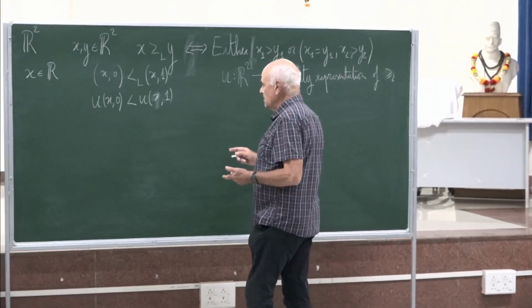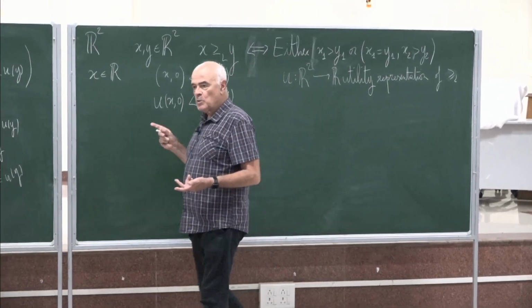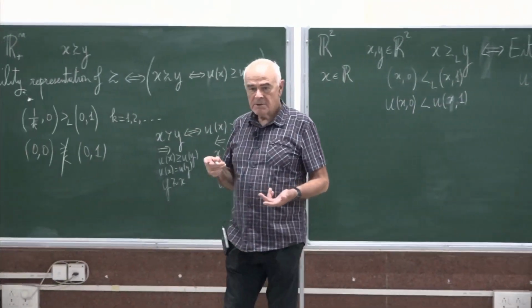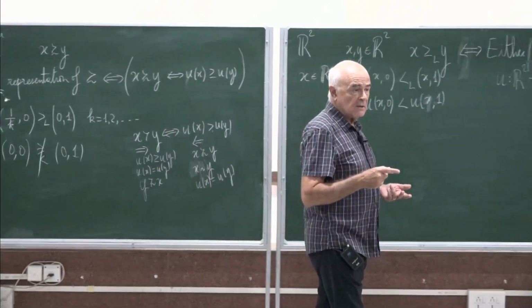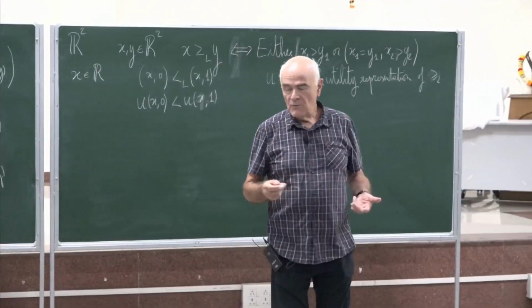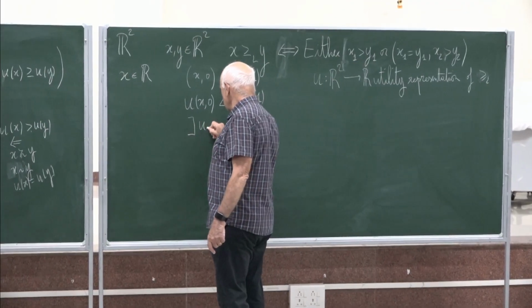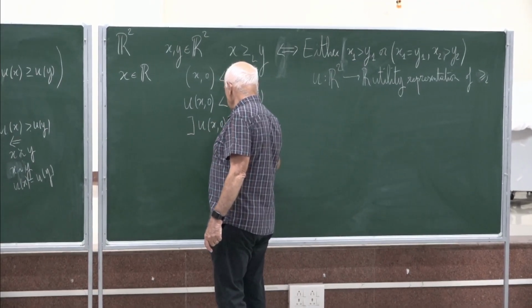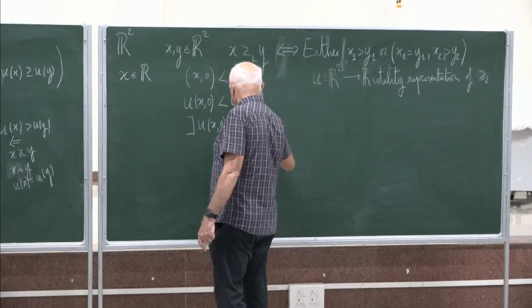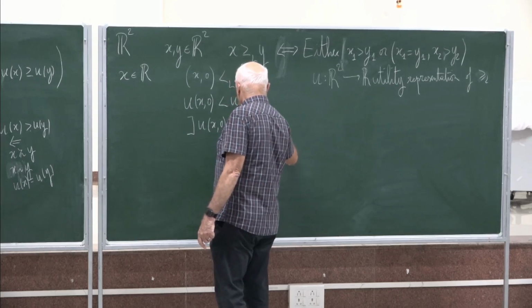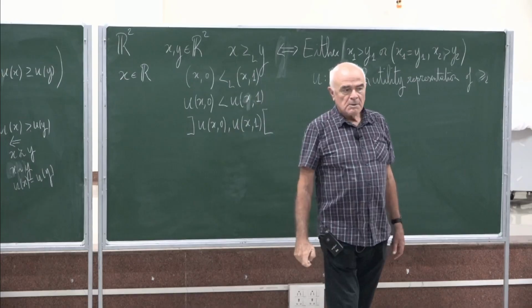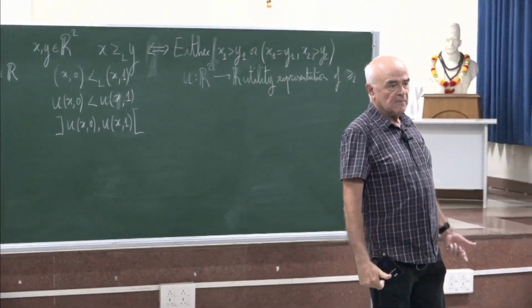Then u of x0 and u of x1 are real numbers. They define an open interval. So we have an open interval of real numbers.